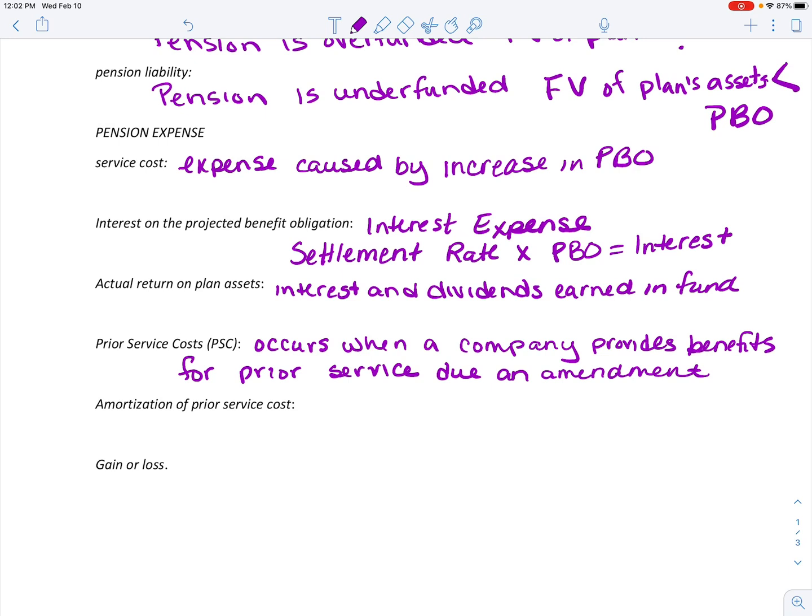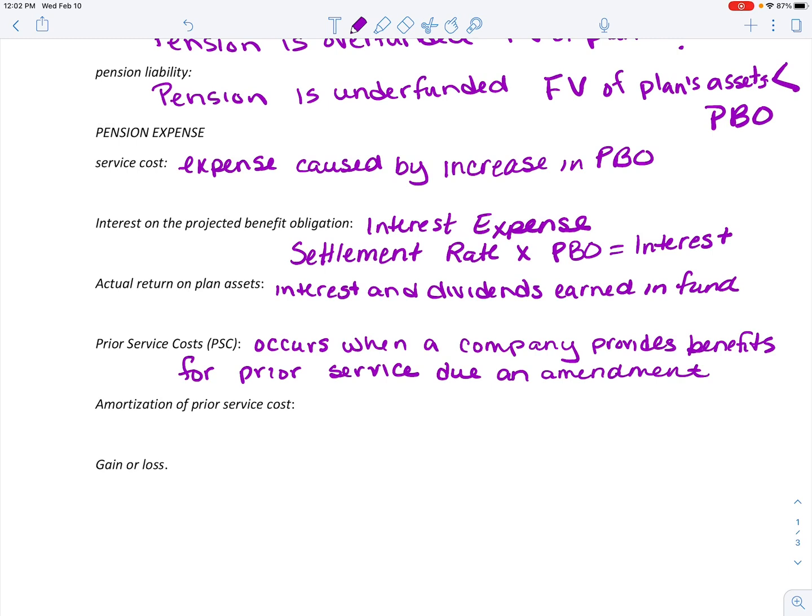So because these plan amendments are granted with the expectation that the employer will realize some kind of benefit in the future, the cost of these prior services are providing retroactive benefits, and we're going to allocate the amortization of this to our pension expense, specifically to those remaining service years that are covered by these affected employees.